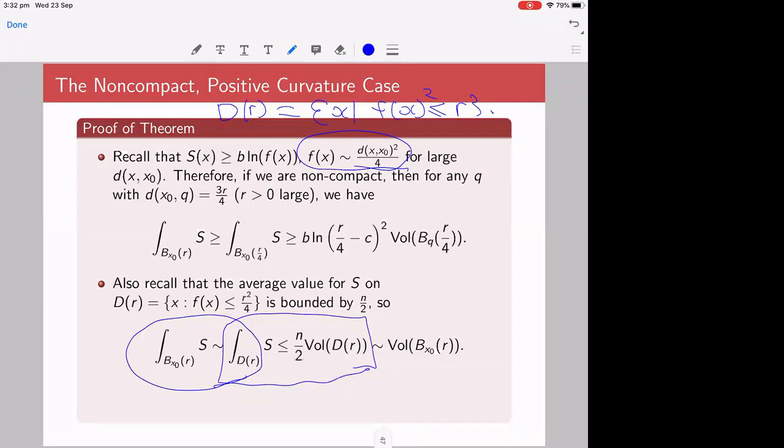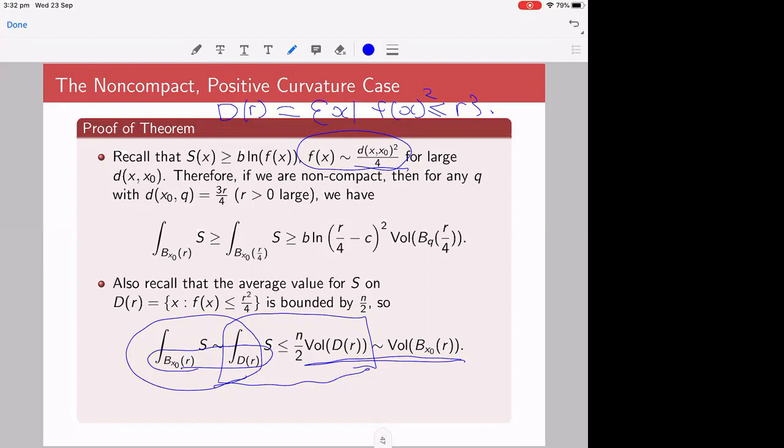So that means that roughly speaking, the ball is basically the same as the set D_r, provided r is actually large. And of course, the same thing holds at the end of this inequality as well. And we find that the volume of the set D_r asymptotically matches the volume of the ball of radius r centered at x naught.